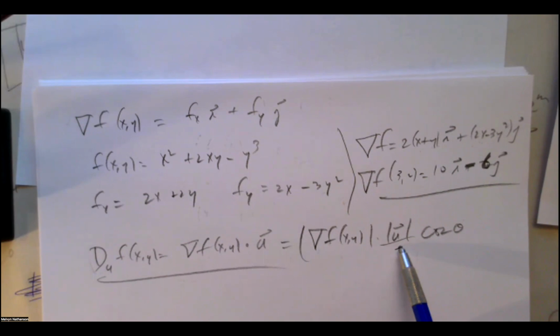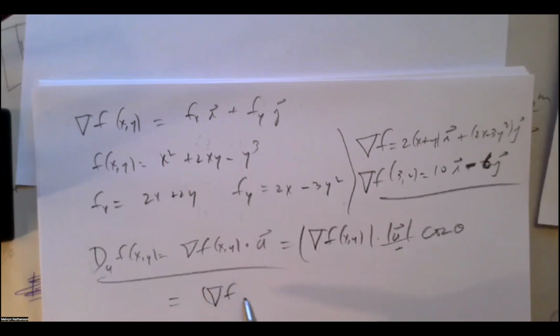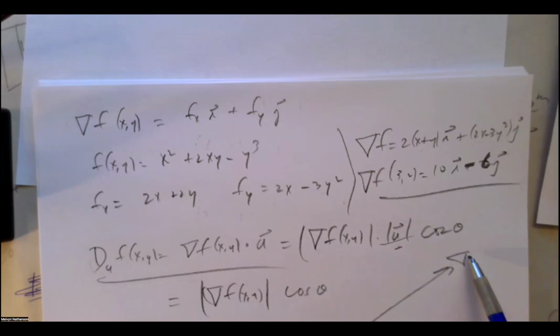But this is a unit vector. The length of this vector is 1. So this is equal to the absolute value of the gradient of f of x, y, times the cosine of theta. So here we have the gradient, and here we have u, and this is the angle between them.